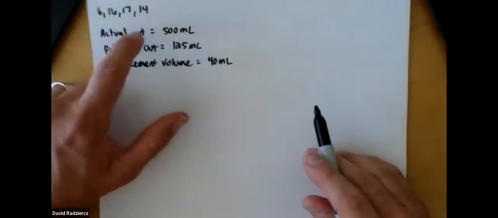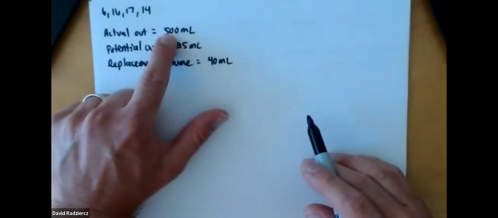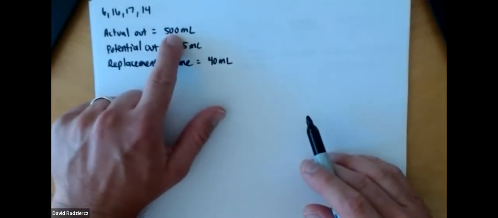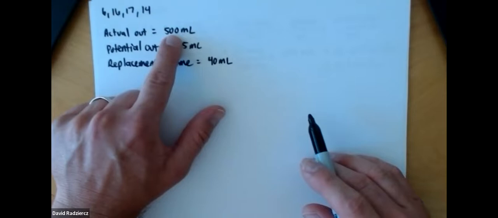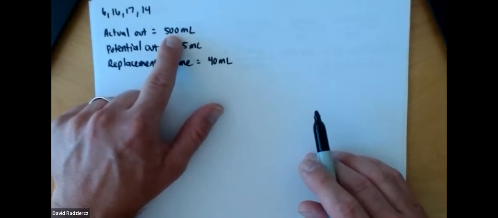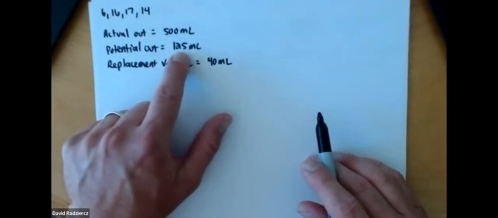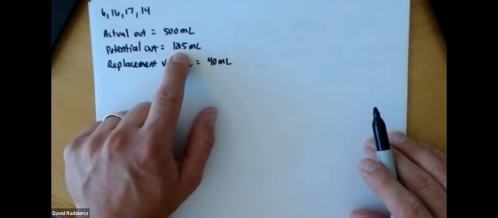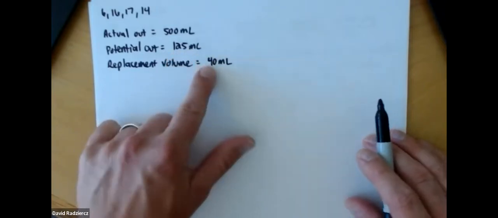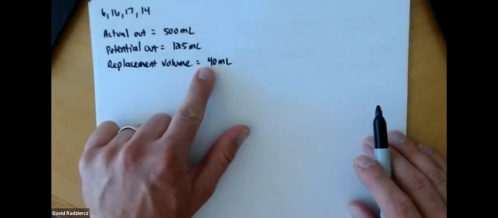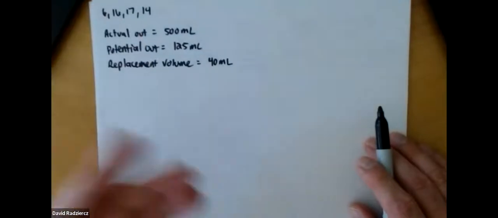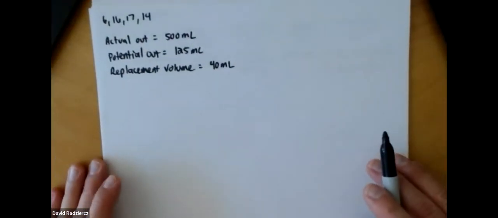Okay. So what will change on these types of questions will be what these say. The actual output might be only 50 milliliters. It might be 1,500 milliliters. Your potential output might change to for every 250 milliliters lost. This might increase to a 120 milliliter replacement volume. The volumes are going to ebb and flow.